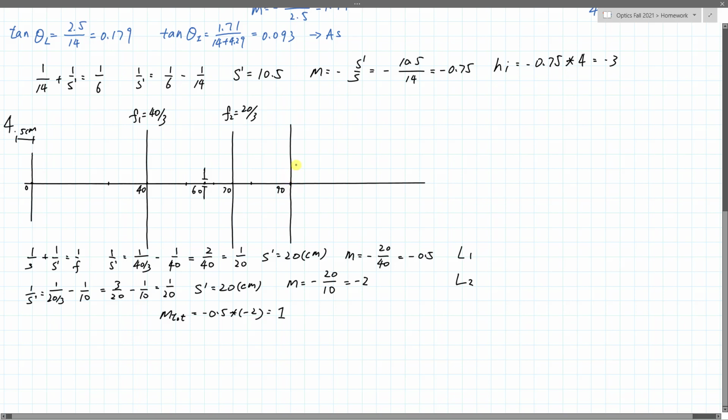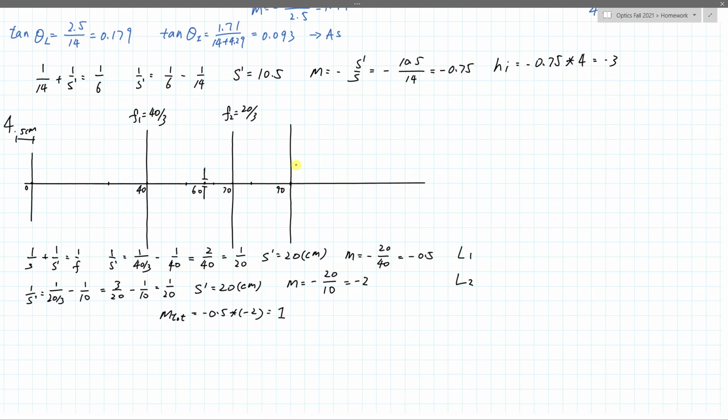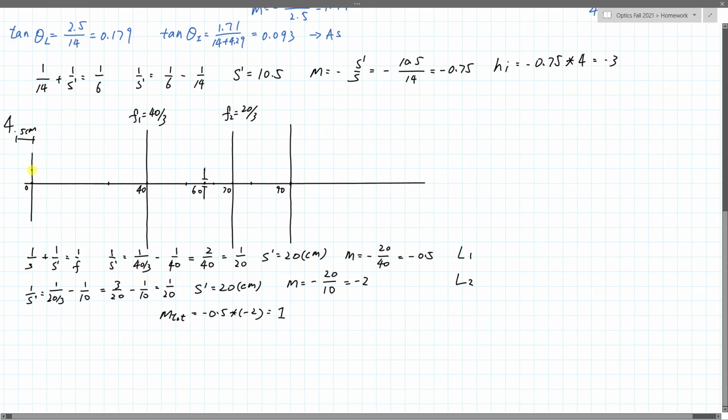So let's see. Okay, so we locate that, and then we locate the aperture stop. Which one is the stop? And the entrance and exit pupil. So let's just draw an object here, and an image here, the final image. Okay, the aperture stop. So from the on-axis object right here, we need to determine which one is the stop. With this lens, the diameter is only 2, so it has a radius of 1.